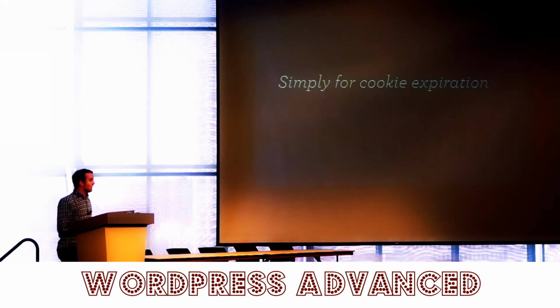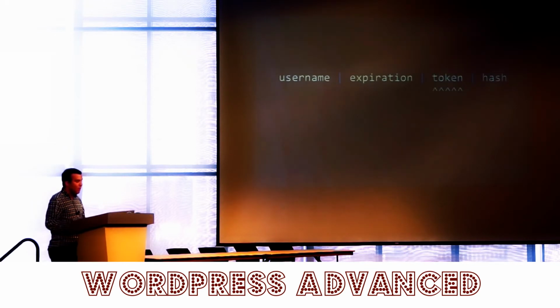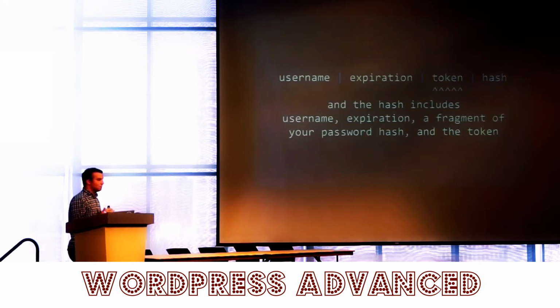So, with cookies, we now have a fourth part. We have this token that we've now inserted into here. And this token is also used inside the hash. So this token is a public value that you can see as part of the cookie, and then it's also baked into that hash to be able to then protect it, and that way we can verify that it actually is the value that we want it to be.